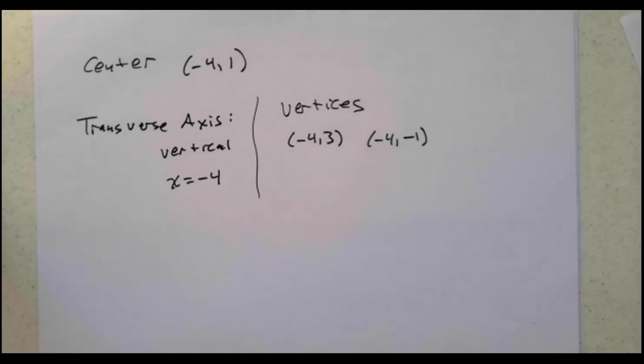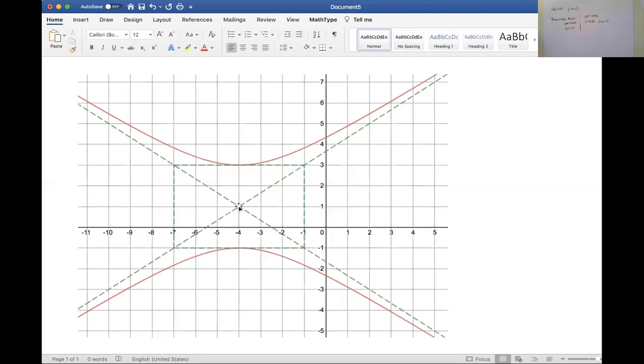Now, we would like to figure out the asymptotes, but to do that, I have to identify the box. So I need to look at my span in x and my span in y first. From the center, what is the span in x to get to the box? 1, 2, 3.